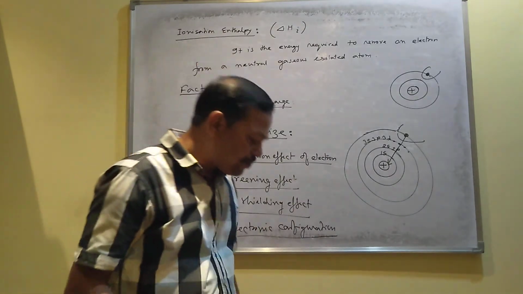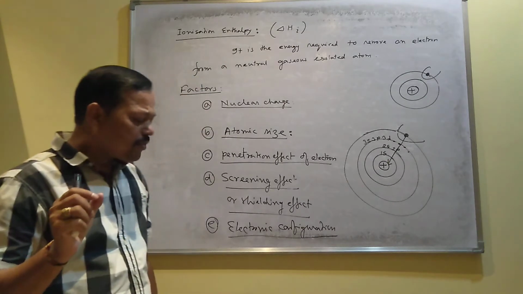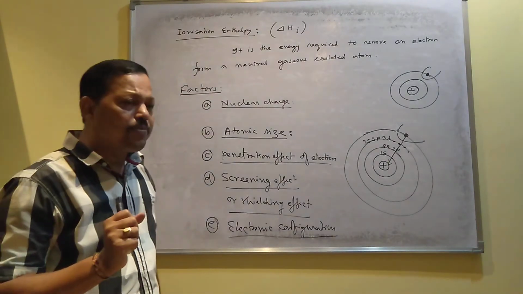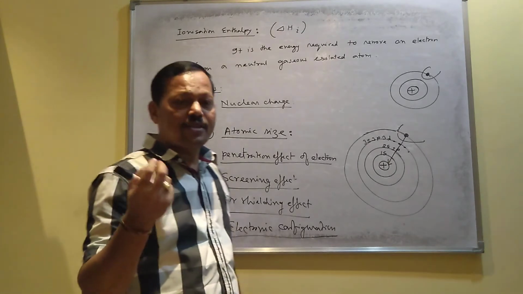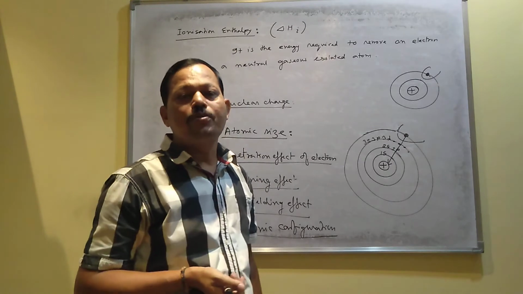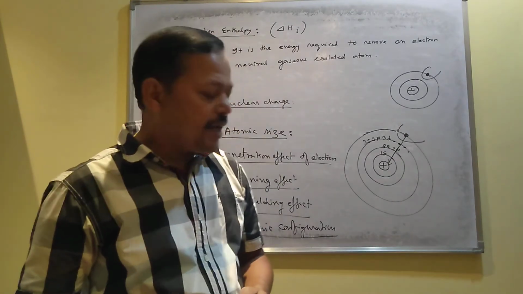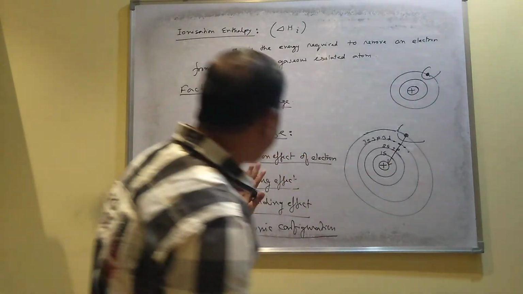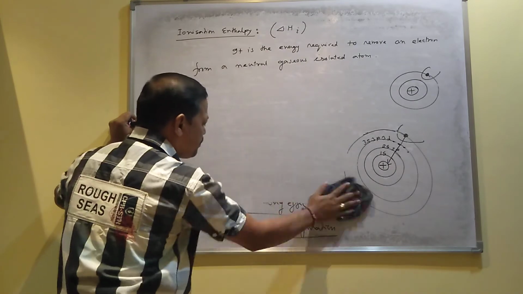So if an electronic configuration contains half-filled or fully filled orbitals, then the configuration gets some extra stability, due to which it is difficult to remove the electron, and that type of atom always requires higher energy. So these are the main factors which can affect the ionization enthalpy.